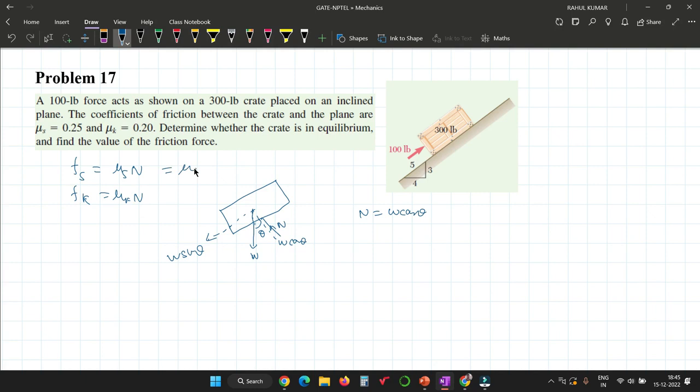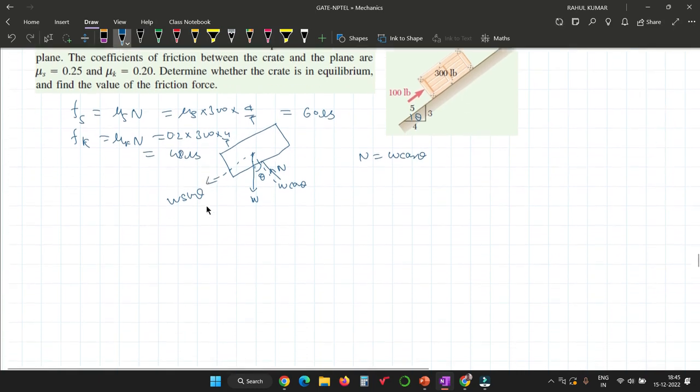So mu s into W is 300 into cos theta. Cos theta will be what? 4 by 5. So when you put the value of mu s, you will get 60 lb, and when you put the value of mu k, that is 0.2 into 300 into 4 by 5, you will get 48 lb, right?